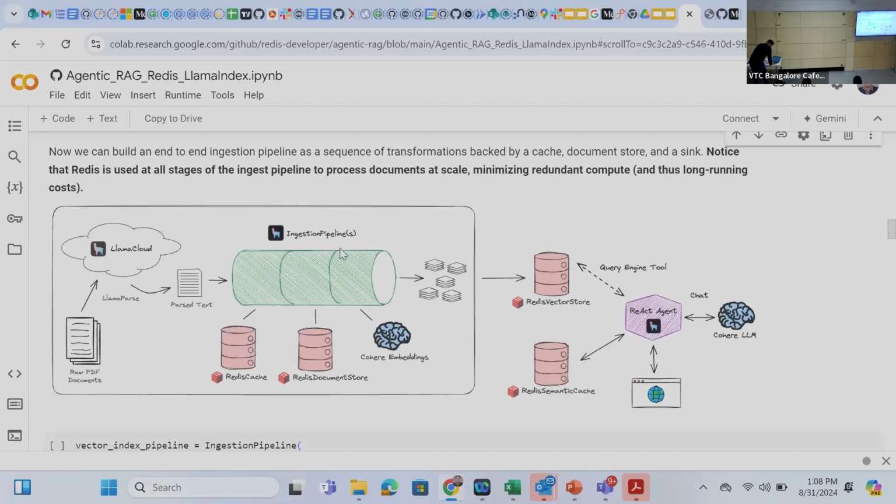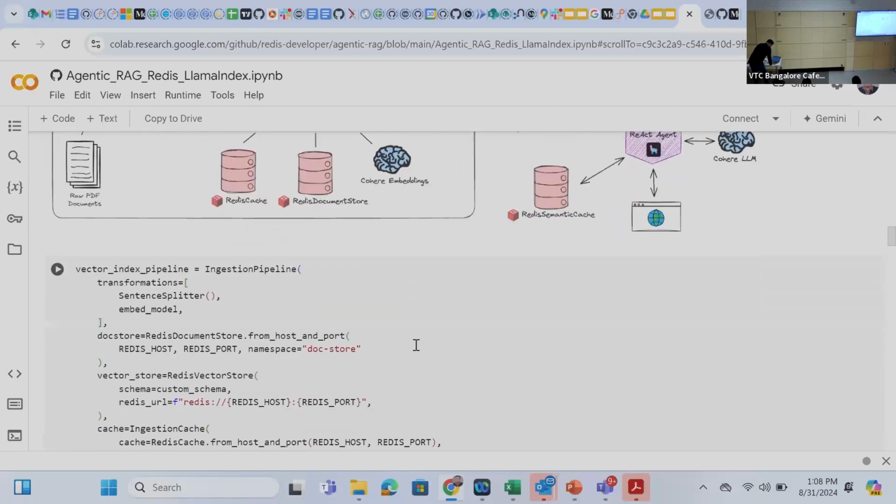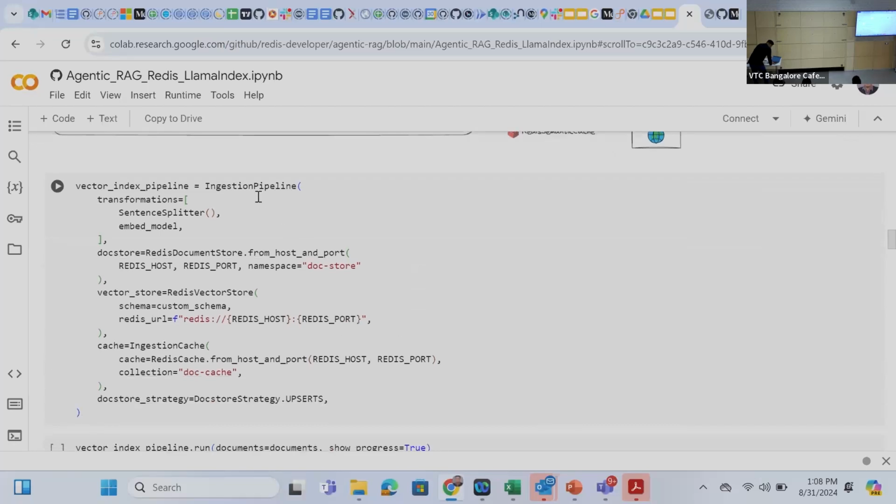You have an ingestion pipeline, which is utilizing the Redis vector store and an embedding model given by Cohere. Once you have this ingestion pipeline, you are specifying things as part of your parameters. For example, you are specifying the embedding model, and your host, port, and everything else.